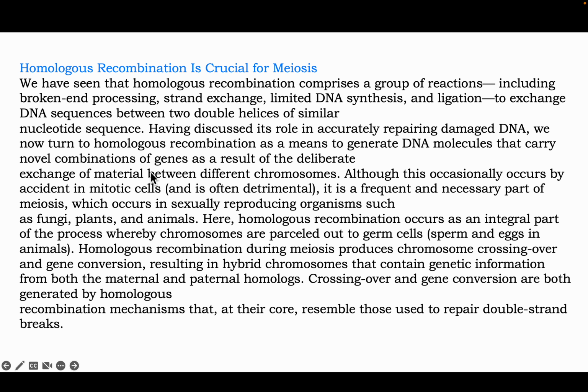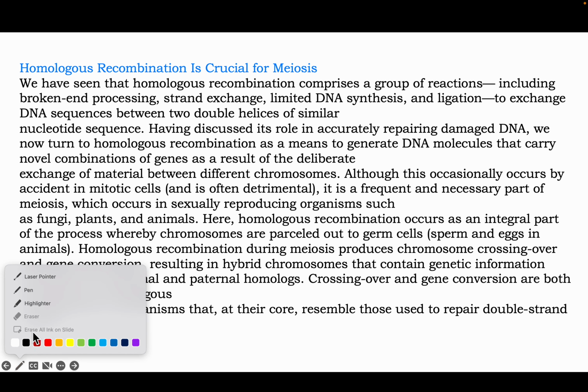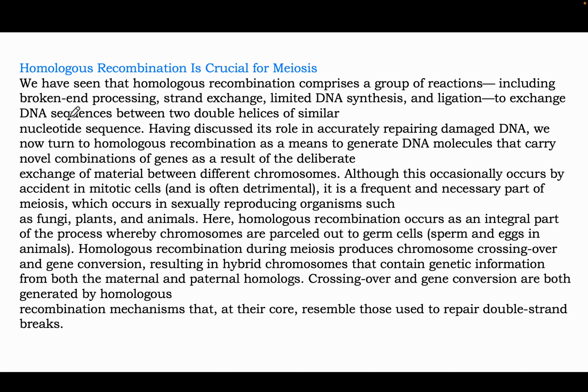As we have understood, homologous recombination is very crucial for meiosis. It comprises a group of reactions including broken end processing, strand exchange, limited DNA synthesis and ligation to exchange DNA sequences between two double helices of similar nucleotide sequence.